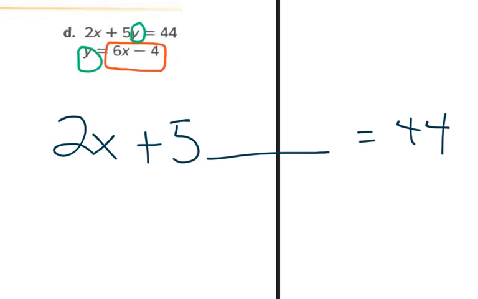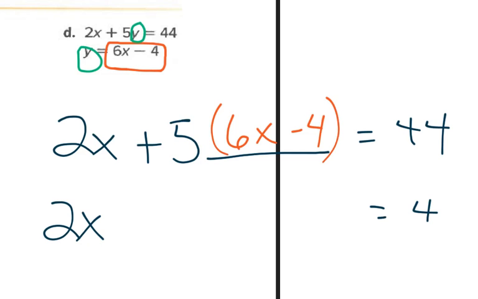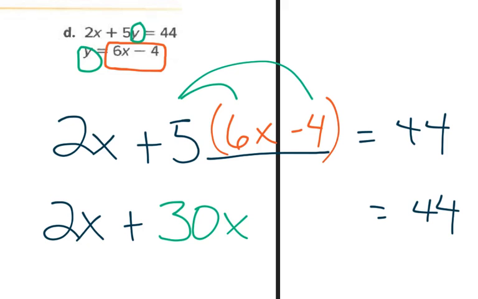And in that space, I'm going to put 6x minus 4, and I'm going to make sure that I have the parentheses around that. And then I'm going to distribute. And 5 times 6x is 30x, and 5 times negative 4 is negative 20.